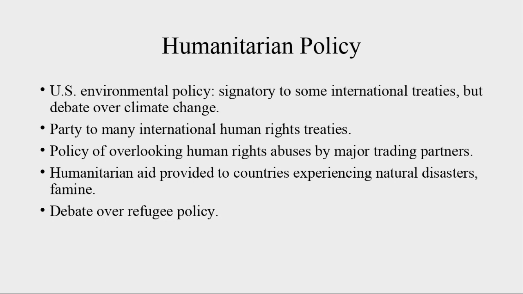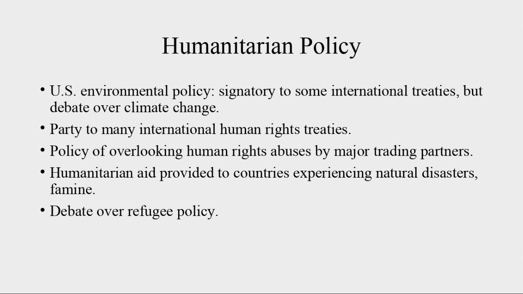We do provide some humanitarian aid. We've spent about $5 billion to help with the Syrian refugee crisis. We sent medical aid, food, and rescue teams to Haiti after the 2010 earthquake, and Japan after the earthquake and tsunami in 2011.